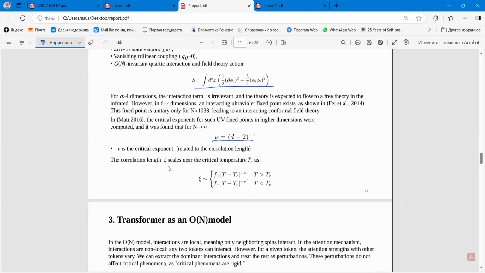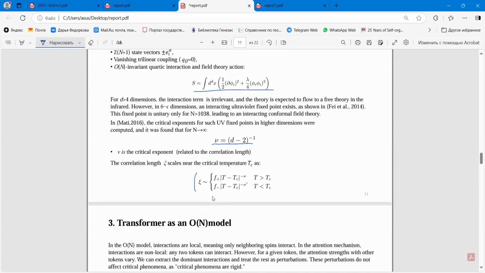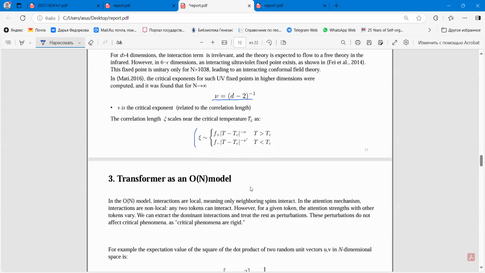And the correlation length scales near the critical temperature, and can be expressed like this.